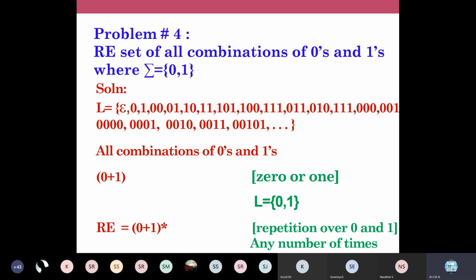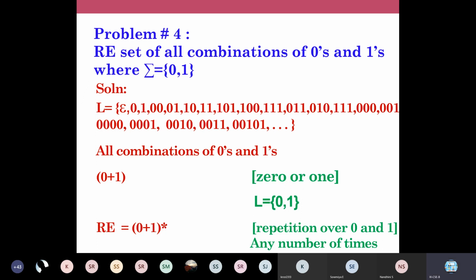Okay. So by now, you should understand that for the set of all combinations of zeros and ones, your regular expression will be like this: 0 or 1, the whole star. Okay, 0 plus 1, the whole star. So we are having repetition, and at every repetition, I can pick any of these symbols. That's why it's defined as union, any of these symbols.